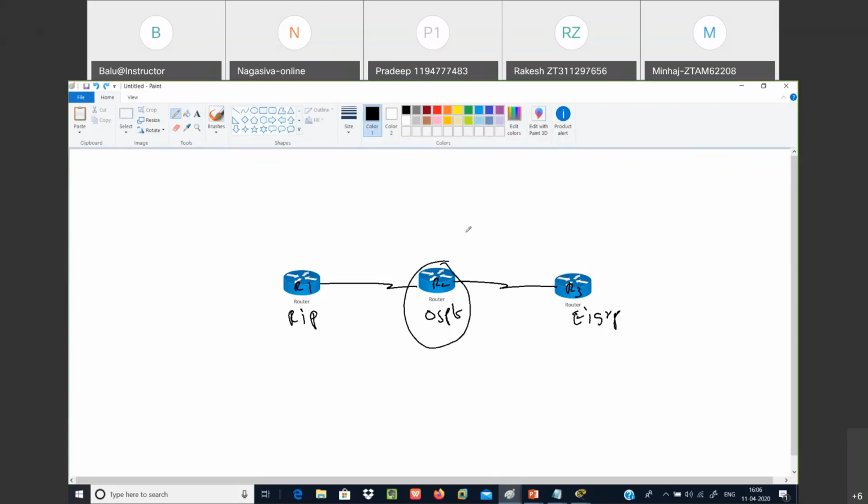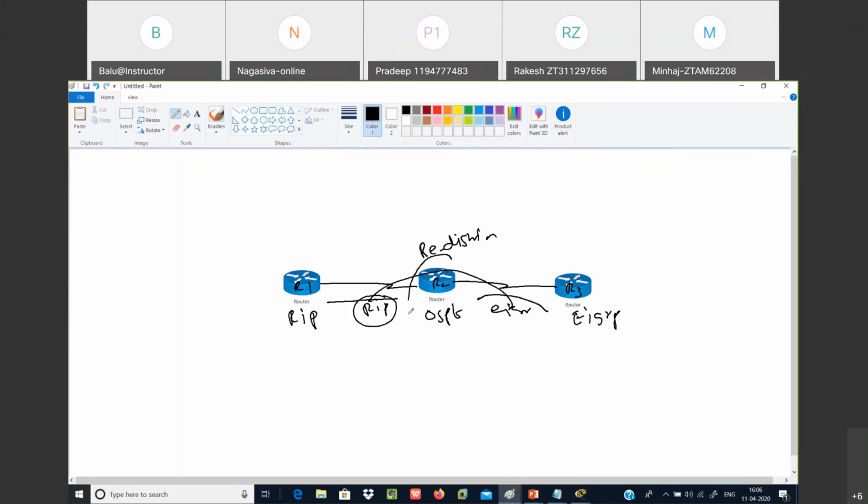So in R2, if I configure redistribution, what R2 is doing is, when traffic is coming from R1, RIP traffic is being redistributed to EIGRP traffic. When EIGRP traffic is coming, it is being redistributed to RIP.